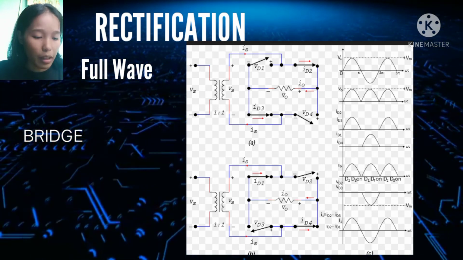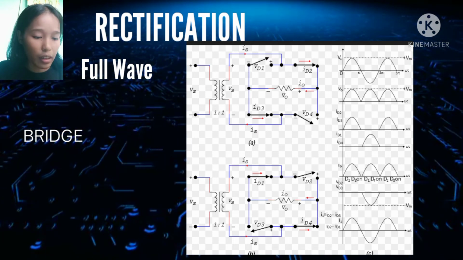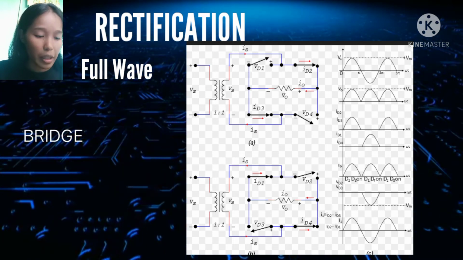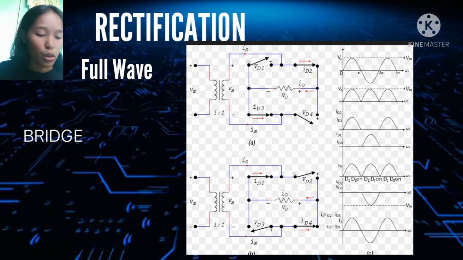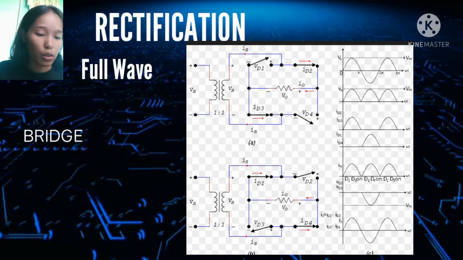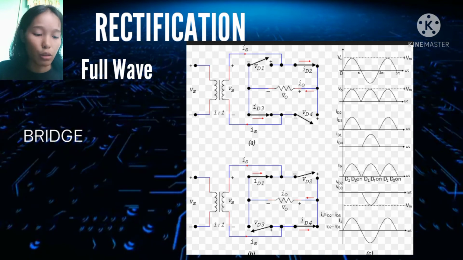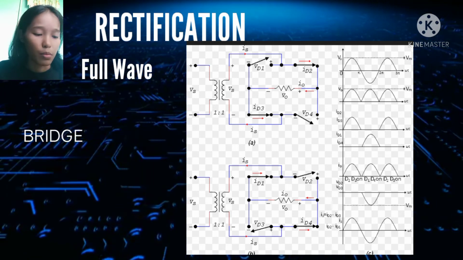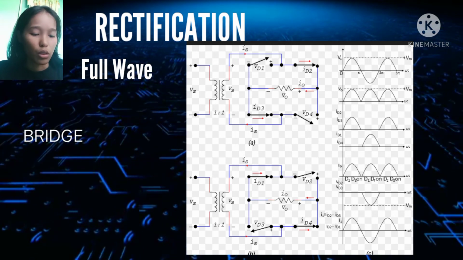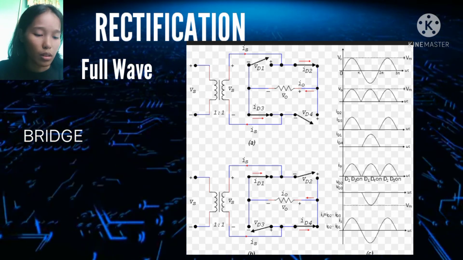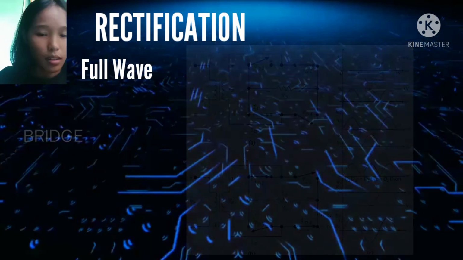So, sa pangalawa naman, kahit baliktarin natin yung direction, ang magiging open circuit naman natin is yung D3 and D2. So therefore, yung D1 at D4 naman natin ang magiging short circuit. So therefore, hindi pa din siya magiging zero yung current. So that's why the cycle is completed.